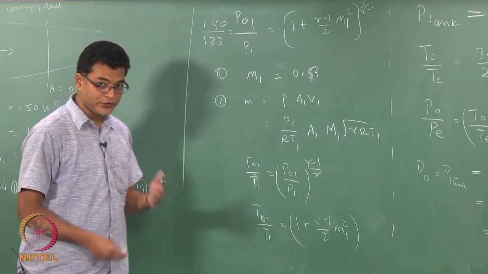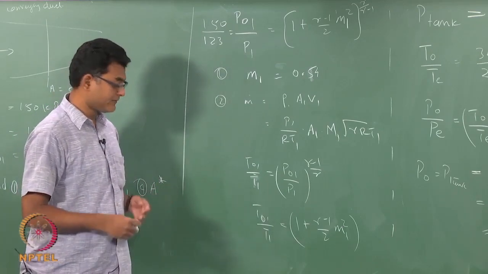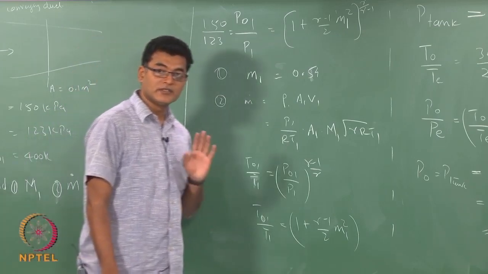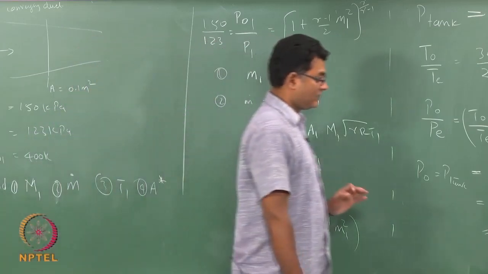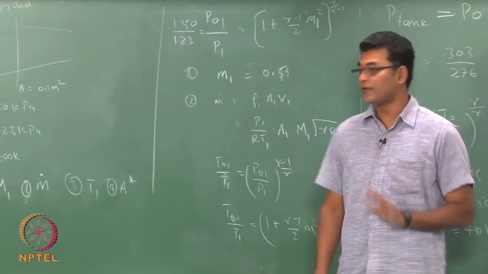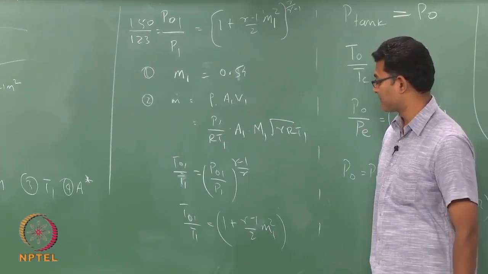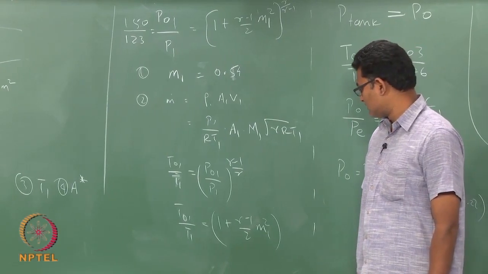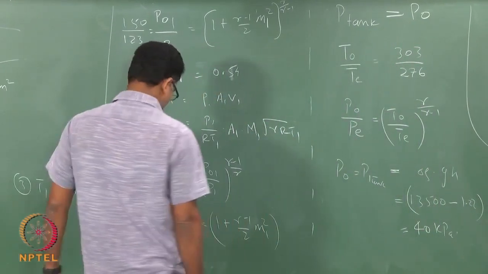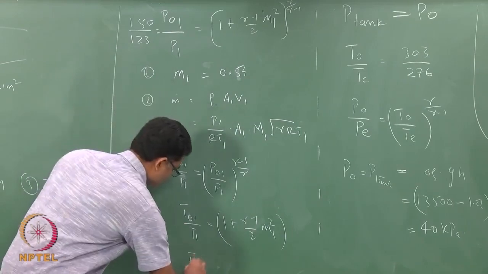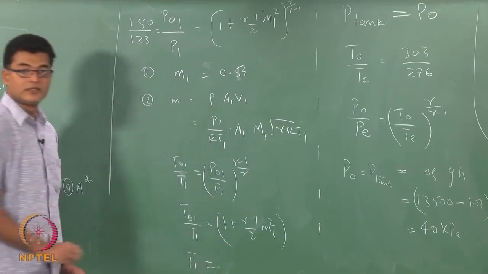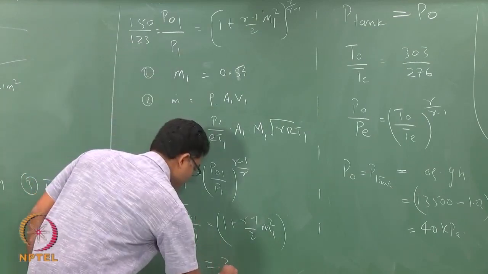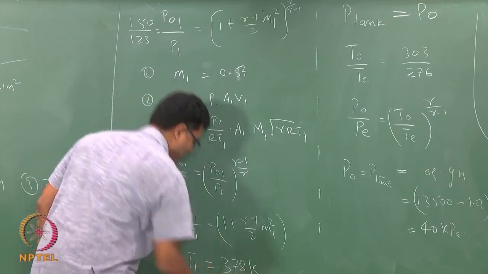Now, we are also going towards something called gas tables, and we will do the same set of problems with gas tables. So, now you can calculate this, and T1 is 378 Kelvin.